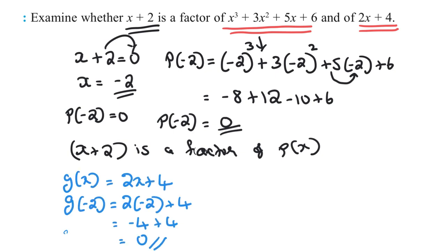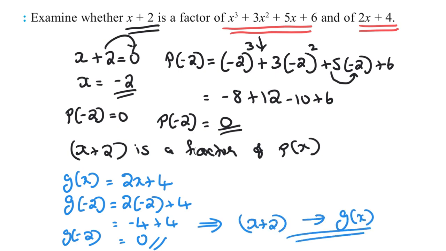So g of minus 2 is also equal to 0, which means x plus 2 is a factor of even g of x. Understand how to test whether a polynomial is a factor of another polynomial? This is the application of factor theorem.